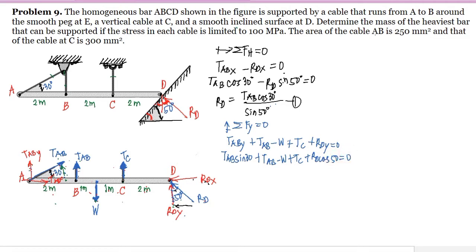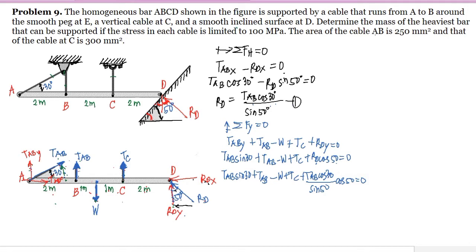Now, since from our equation 1, RD is equal to TAB cosine 30 over sine 50, we substitute that here, and we have TAB sine 30 plus TAB minus W plus TC plus TAB cosine 30 over sine 50 multiplied by cosine 50 equal to 0.